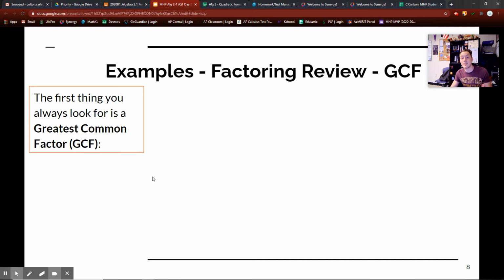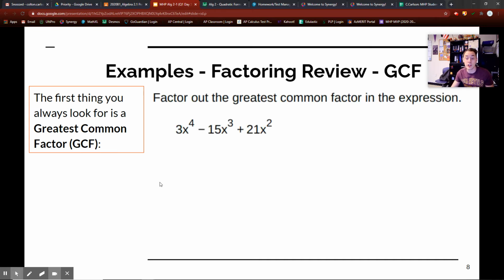This is the easiest amount of factoring. It's probably the factoring you first learned when you learn how to factor. It is by far the easiest and the most simple. When I want to factor out the greatest common factor, that means I'm going to look at each individual term and I'm going to take out what is common in each of those terms. Specifically, what's the common factor?